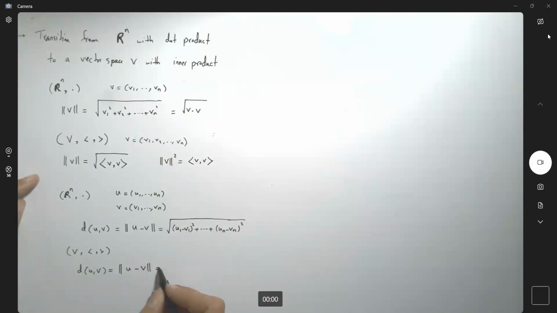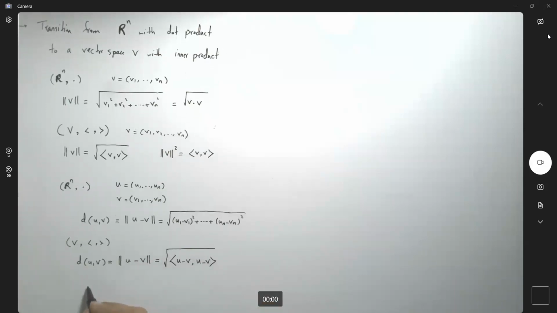So this is basically equal to the square root of the inner product between u minus v and u minus v. Or basically, if I square it, the distance squared is equal to the inner product between u minus v and itself.